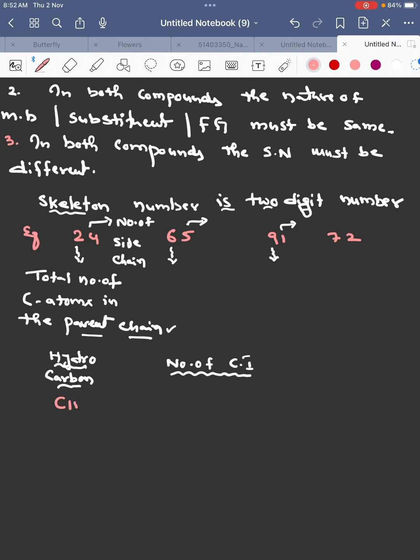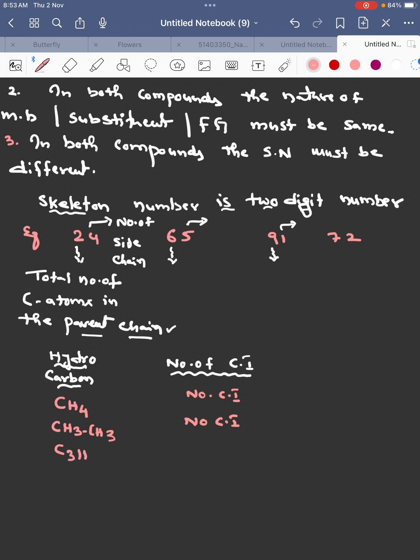First, let us see CH4. Total how many chain isomers are possible? No CI. With one carbon atom, we can't write chain isomers. And CH3, we are going to increase the number of carbon atoms. Here also, no CI is possible.